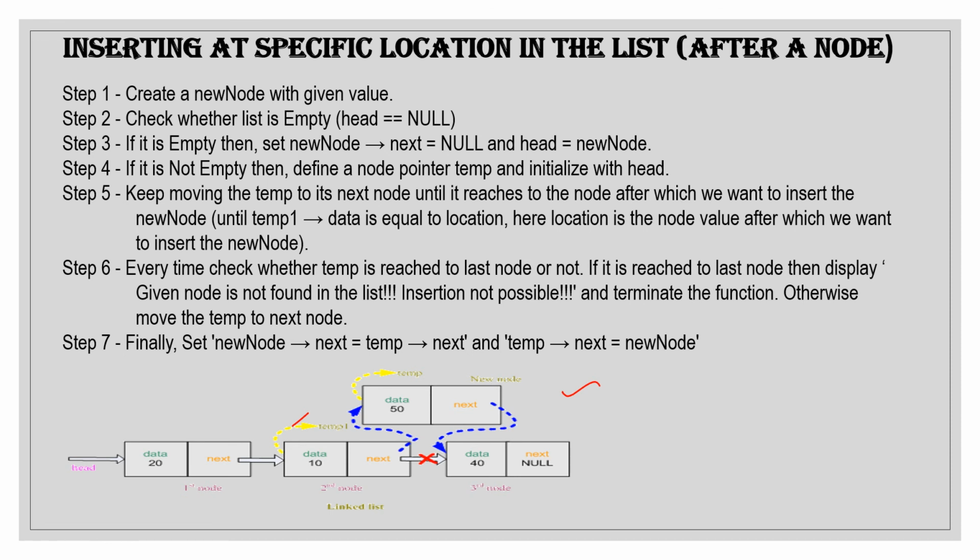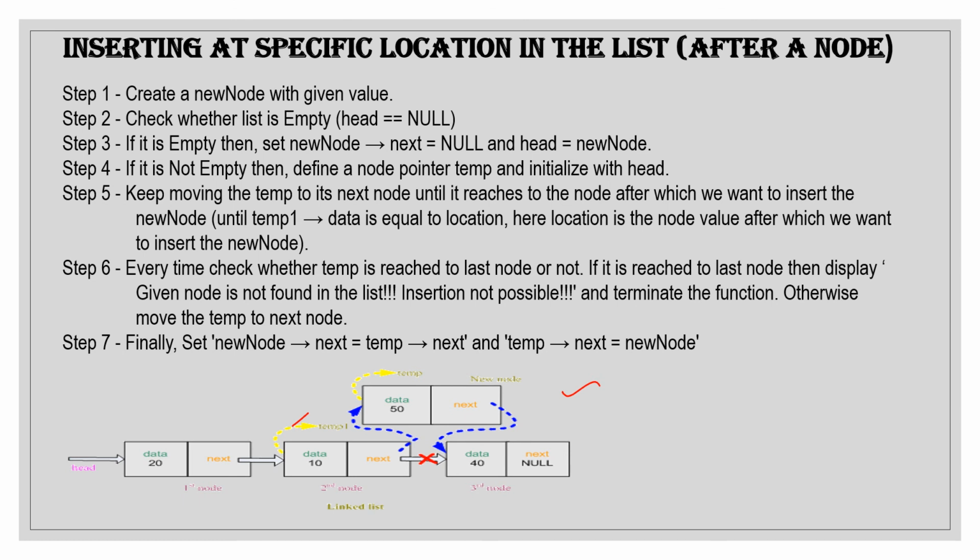Keep moving using the temporary pointer, and every time we check if temporary has reached the last node or not. In case it has reached the last node, then display that the given node is not found in the list, so insertion is not possible.